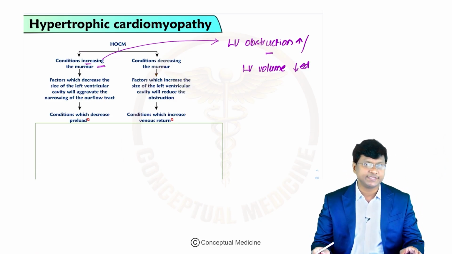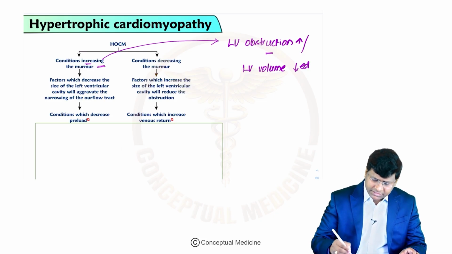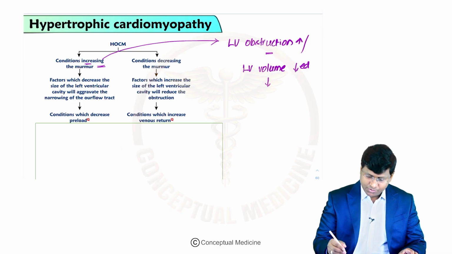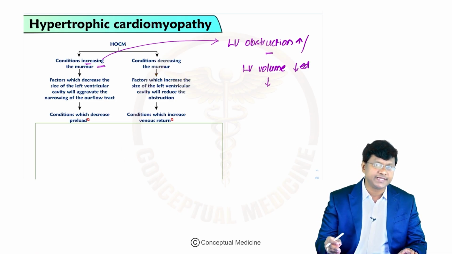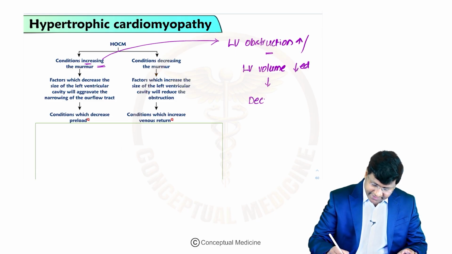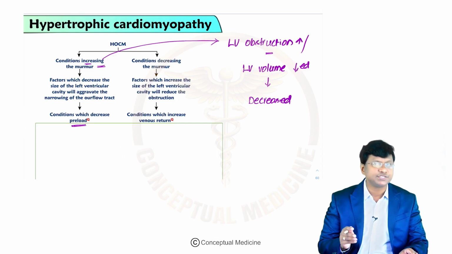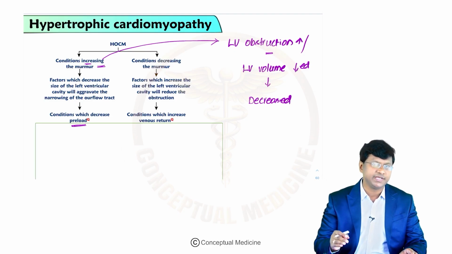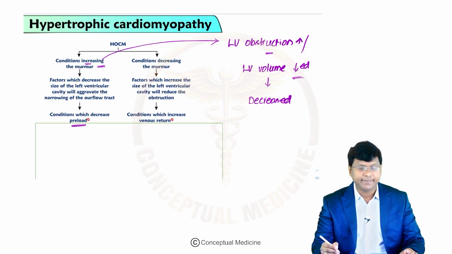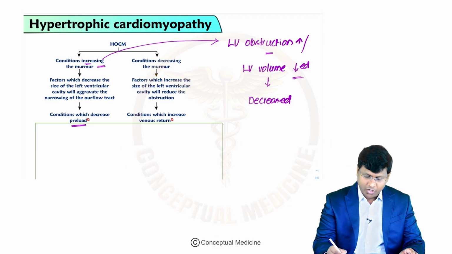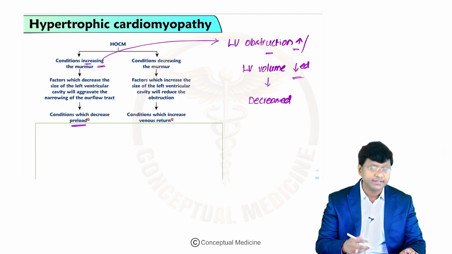So, what are the conditions which will decrease the LV volume? They are equivalent to the ones which will decrease the preload. Any condition which decreases the preload, what will happen to your RV volume initially? Decreases. Subsequently, what will happen to your LV volume? Decreases. When LV volume decreases, obstruction increases, murmur increases.